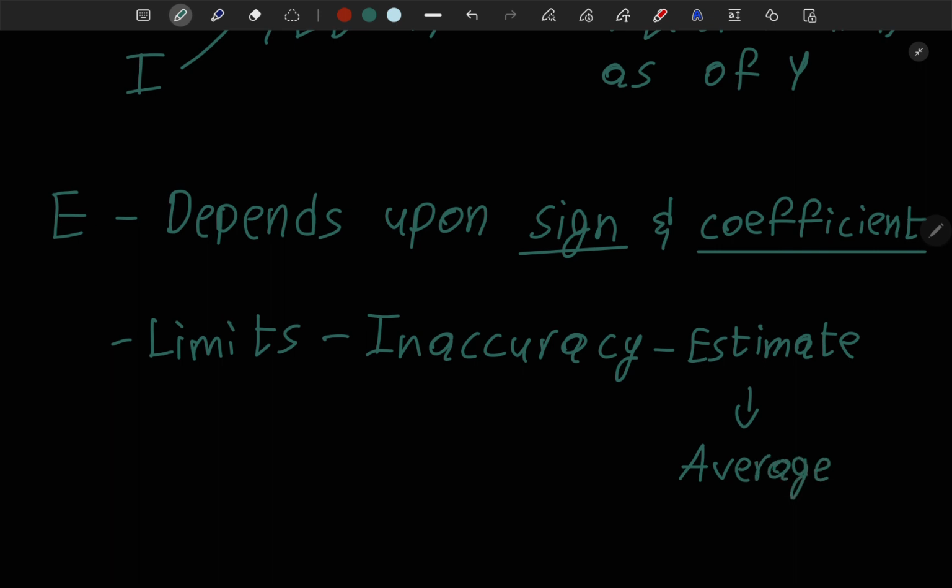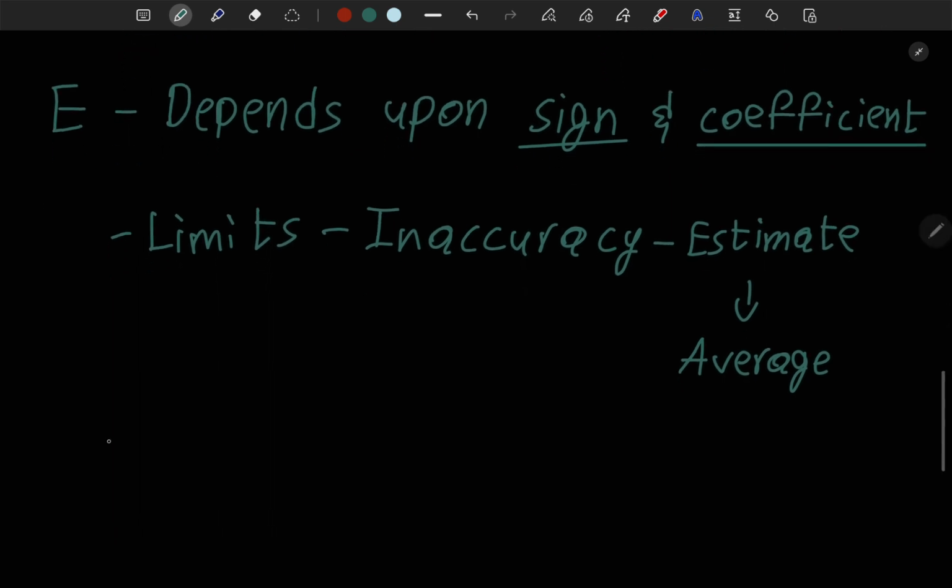So a good which is a normal good for you can be inferior for someone else who is way too much rich, like Elon Musk. So you cannot just say that demand is always going to rise for normal goods and always going to fall for inferior goods, because it is still based upon the average data. A good that is normal for you can be inferior for others, due to which you cannot just rely upon the elasticities, because these are based upon the average data. These are an estimate, so there can be some inaccuracy.